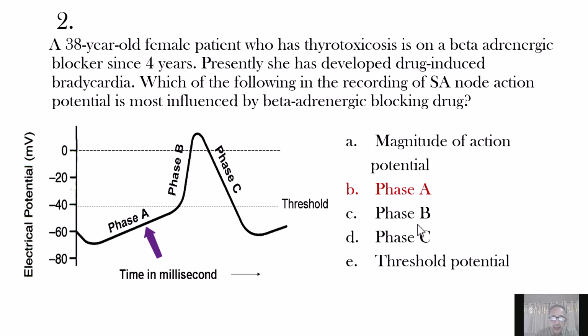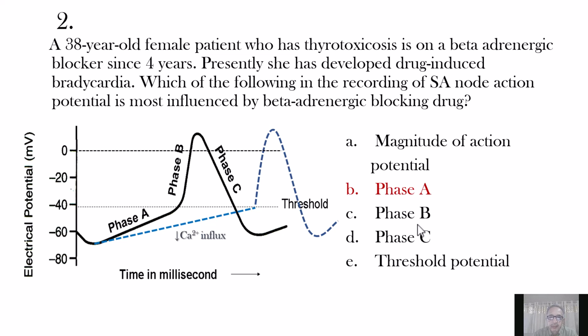Let us look at the action of this blocker. What will happen? The blocker, not the adrenergic stimulation, causes bradycardia due to this effect. It decreases the slope of phase 4, or the pacemaker potential, by decreasing the calcium influx into the cell.